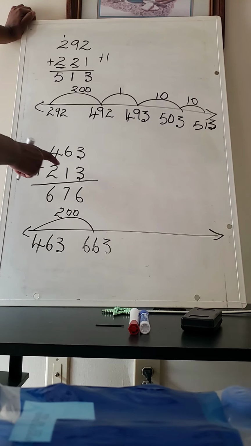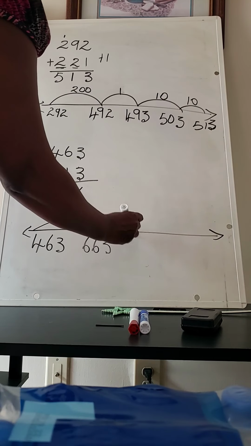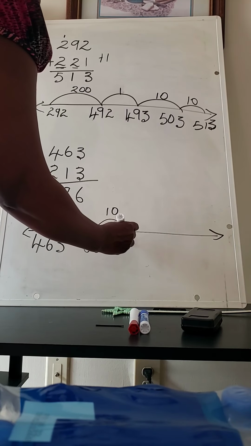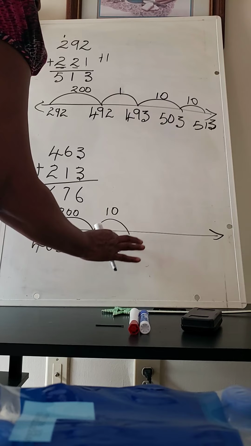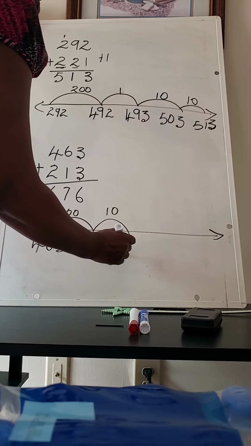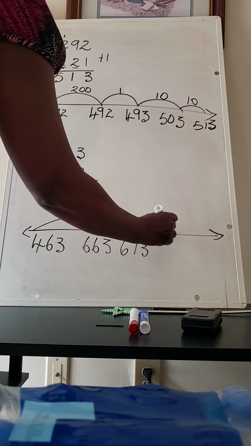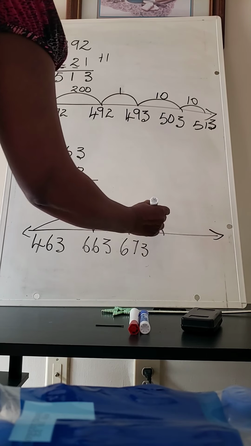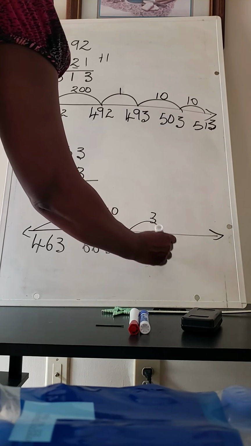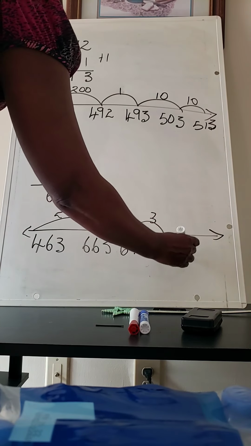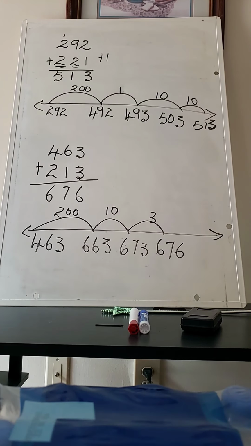Now we have 10, so that's 673, and we have 3. 3 and 3, 6. So that's 676.